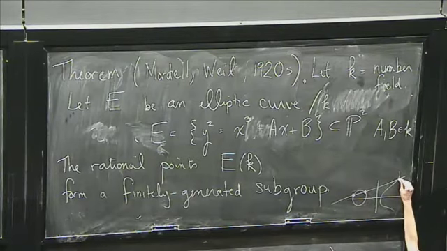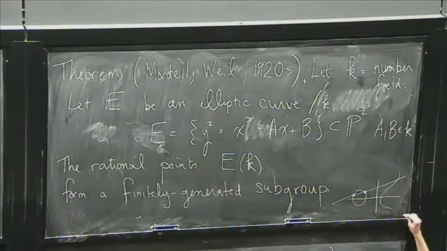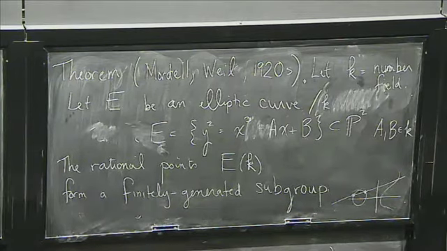You hit a third point, and then the negative of that point is actually the sum of those two points. And that's what gives the addition law. The point at infinity is the origin in this group structure. But to write that down in a formula, I don't remember how you write that down.